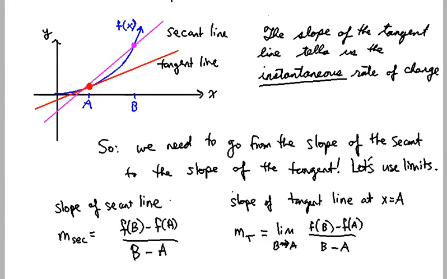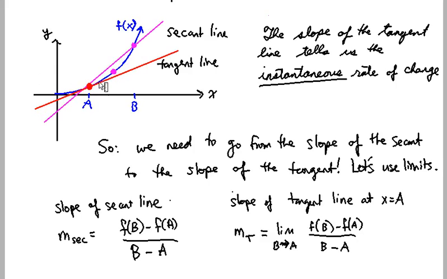If I move this point B to right around here, you would see that the line being drawn goes from here to there. That line is closer to my instantaneous rate of change. It gives me a more accurate rate of change between this point and this point. It's a better fit to this blue line.